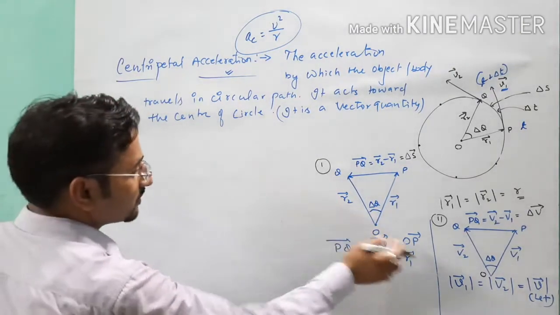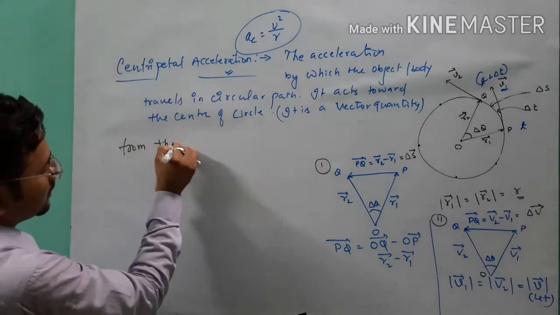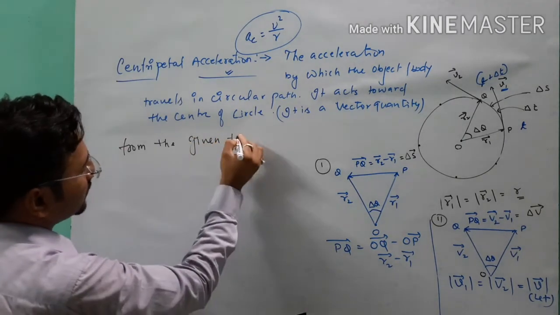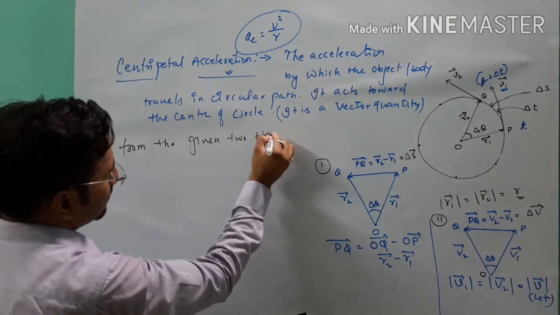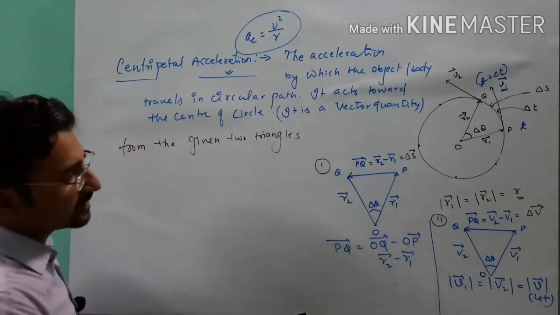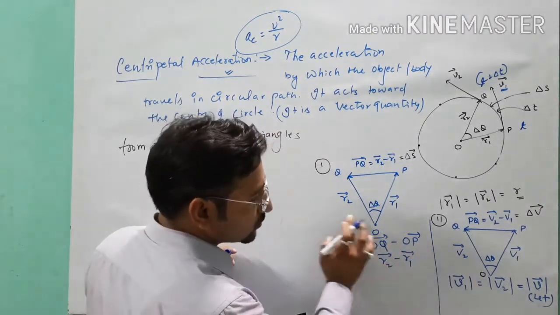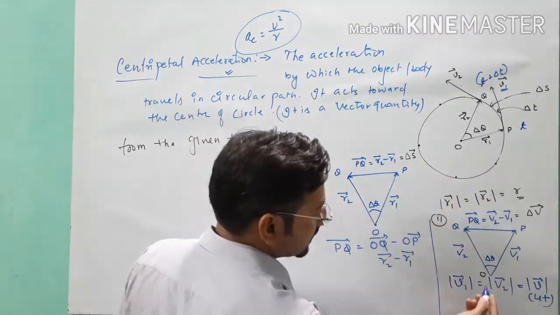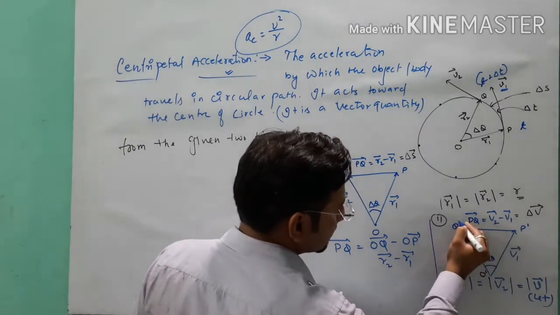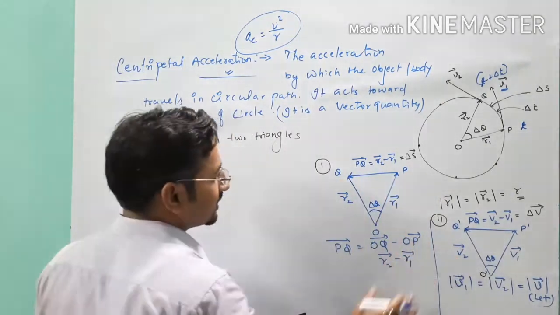So from the given two triangles, if you want to change the name of the triangle, basically these two are the same, but you can write O dash, P dash, Q dash, which are basically the same, but for representation they are different.